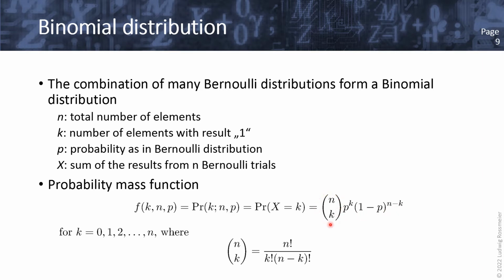This n choose k is the so-called binomial coefficient and is defined like shown here. This is the factorial of n over the factorial of k times the factorial of n minus k. How do we come to that formula? This is what I want to show in the next slide.